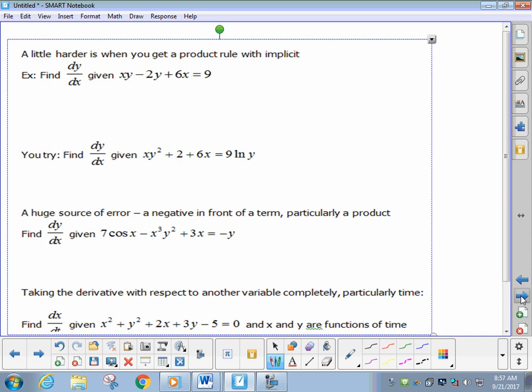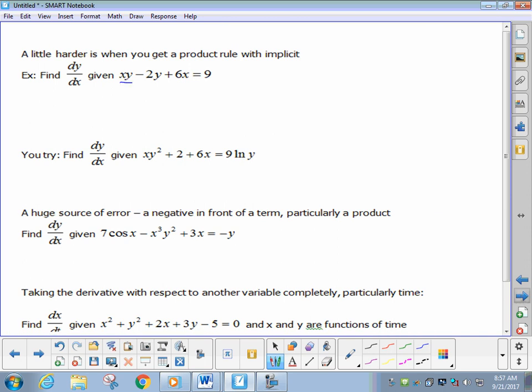If I take the derivative of xy, because it's a product, I know I can't just say derivative times derivative, right? I have to use the product rule, which is first stays the same, so that's x. Derivative of the second is dy/dx.